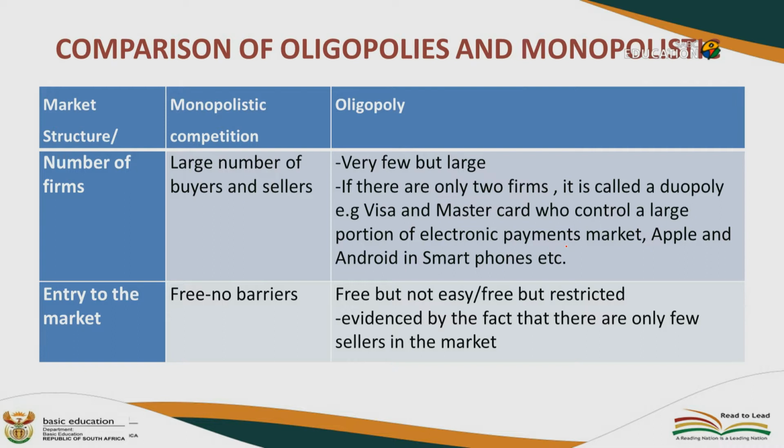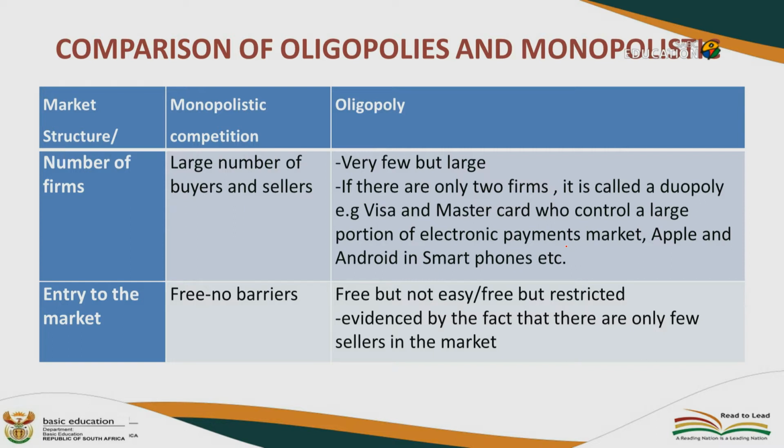In this case, we are only looking at monopolistic competition and oligopoly, but sometimes the exam or the essay might require you to compare all four or any of those market structures. Here we are specifically looking at monopolistic competition and oligopoly, because we have already dealt with monopoly as a separate market structure. So the first feature that we are going to look at is the number of firms.